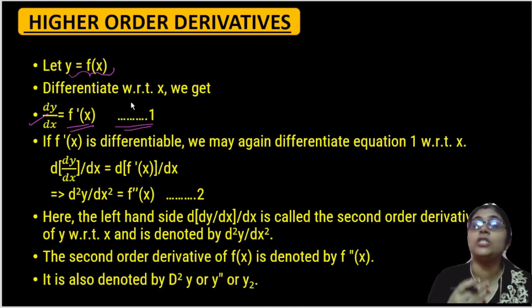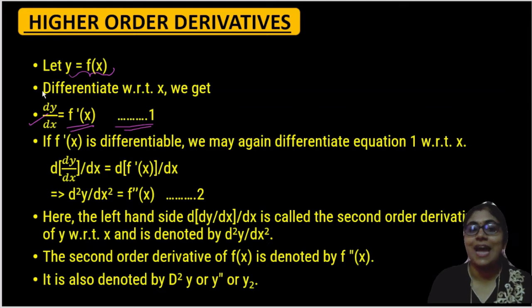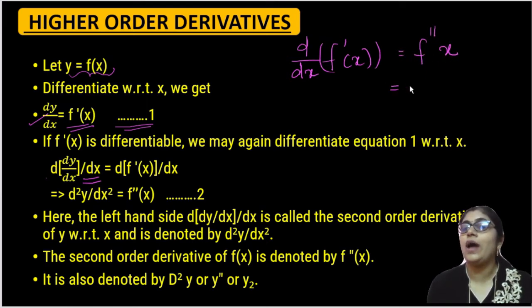But what happens when we differentiate the first order derivative with respect to x again? In that case, we differentiate dy by dx with respect to x, or we can say d by dx of f dash x, and this is equal to f double dash x, or d by dx of dy by dx.